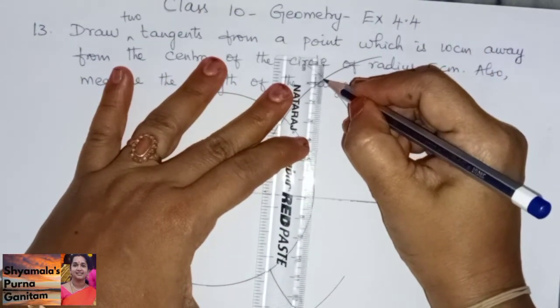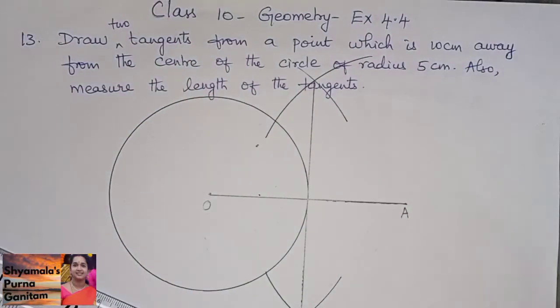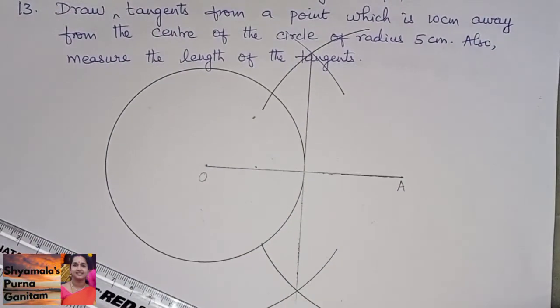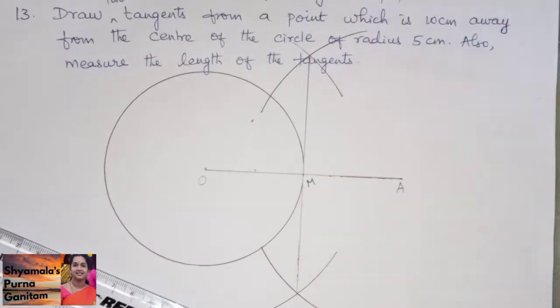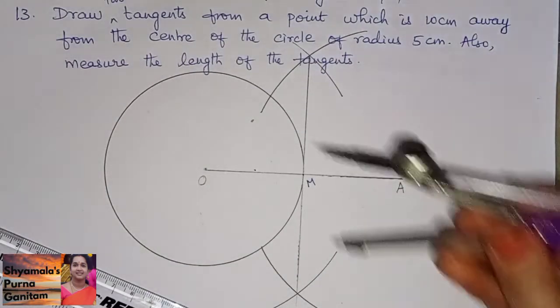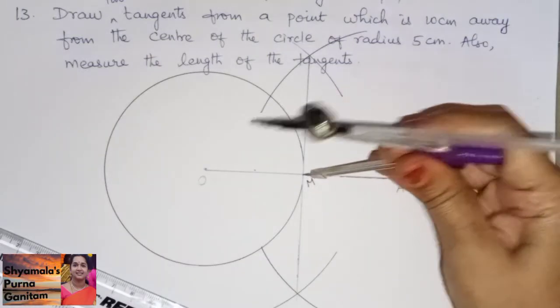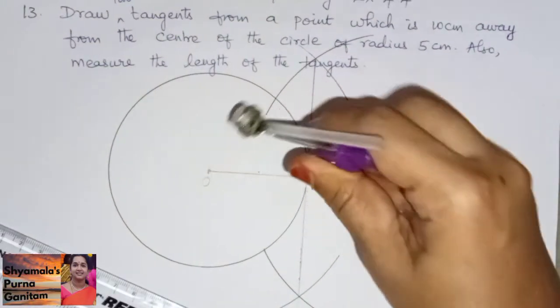So joining this. Taking the center point as M here, with OM and AM as radius, I'll draw a circle.